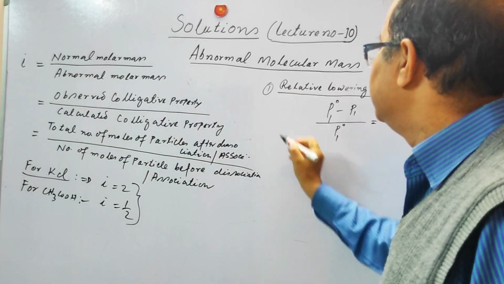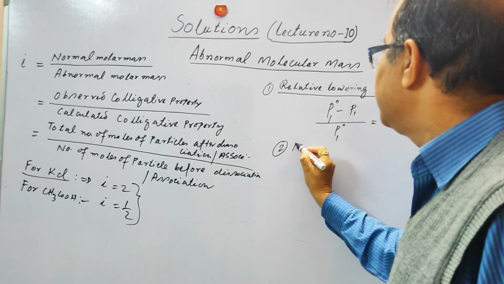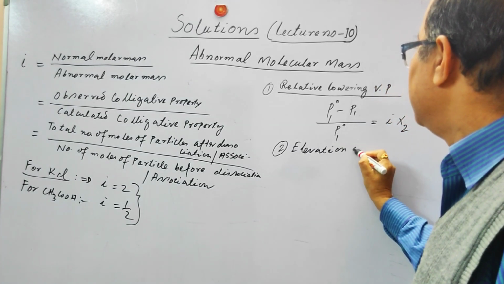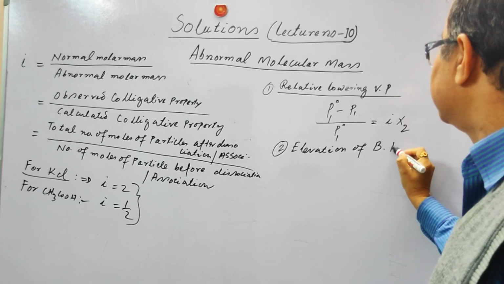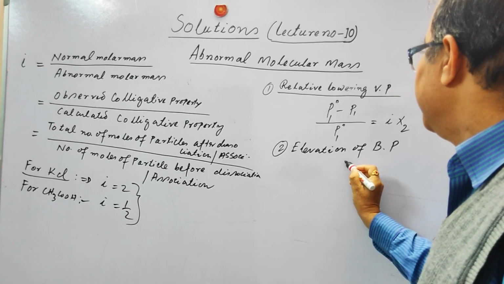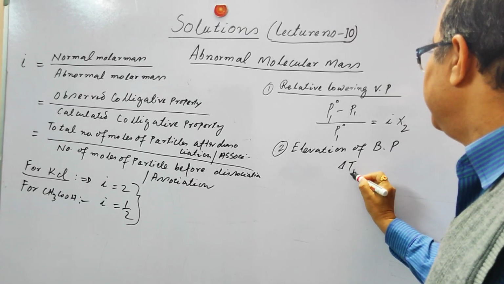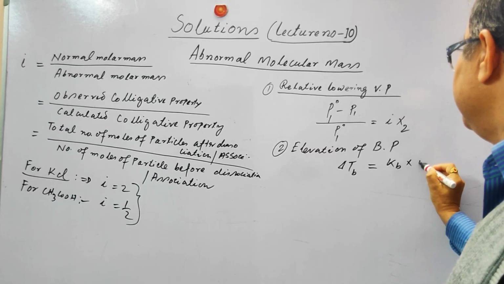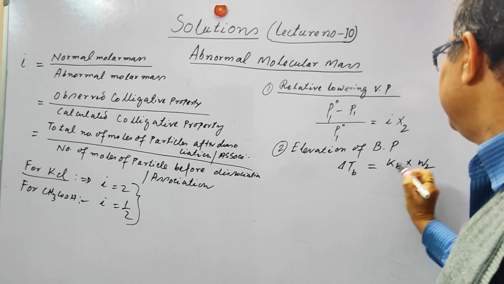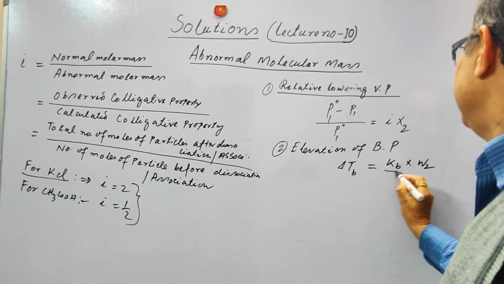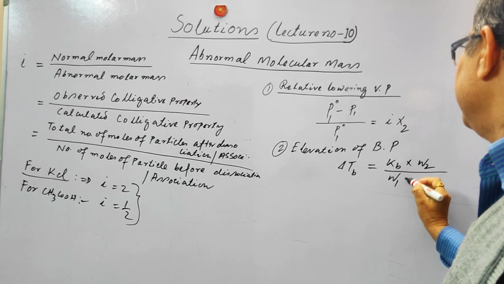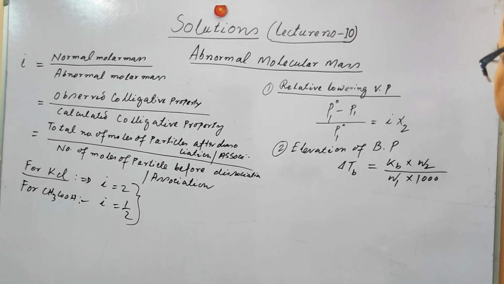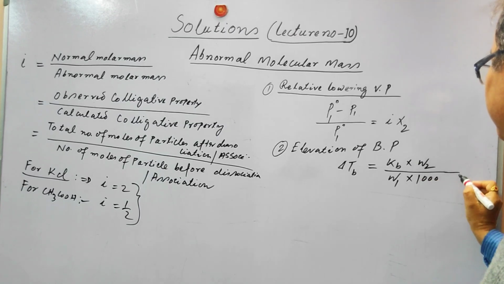And second, the elevation of boiling point. In this case you will find delta TB is equal to i KB into W2 by W1 into 1000 into M2, where M2 is the molar mass.